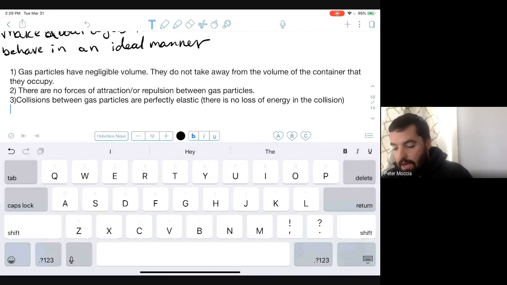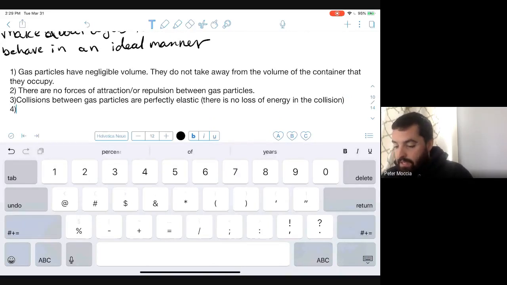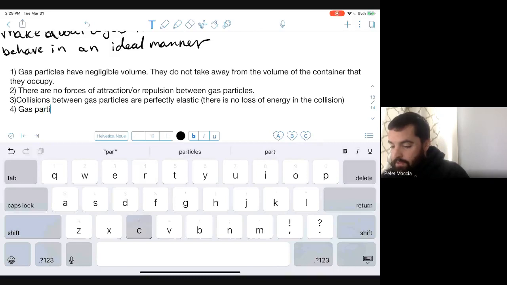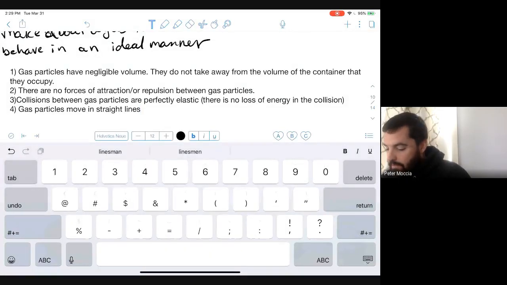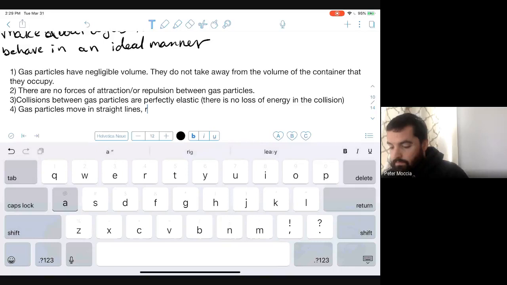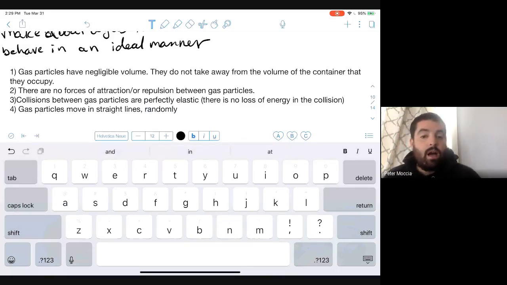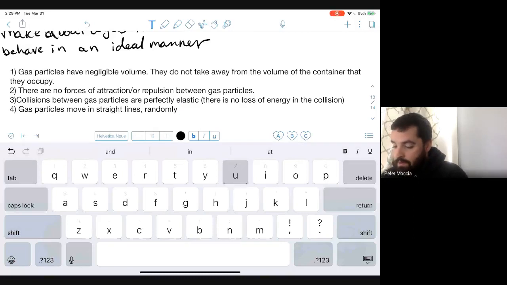Okay, two more things. Gas particles move in straight lines, randomly, until they hit the walls of the container or each other.